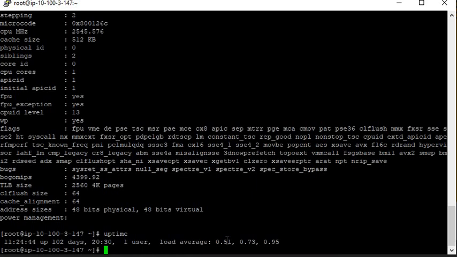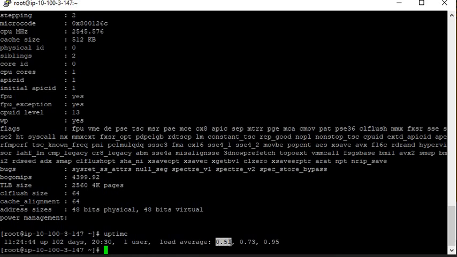Suppose if it is one processor, then this figure is also fine. So you need to monitor this 0.51. If in one processor this value reaches 0.7, then you need to be alert.